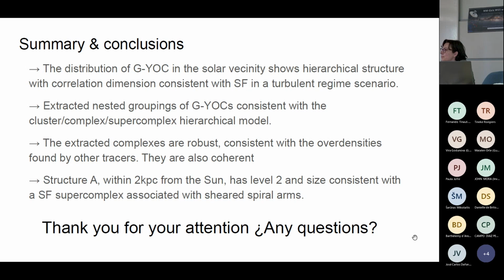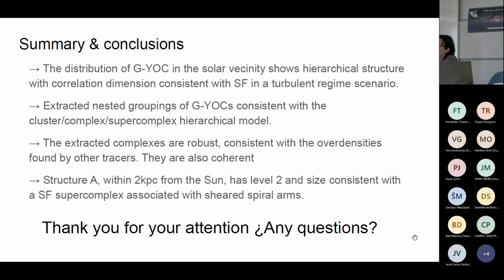I will ask a question. We have been detecting clusters with Alfred, Castro-Ginard, and Cantat-Gaudin. We always have the dilemma of saying what a cluster actually is, because all the clusters that we have detected are biased by the minimum number of members that we have set.